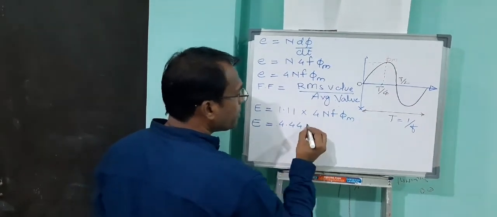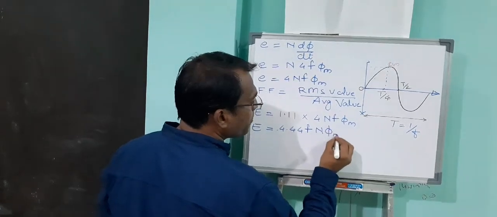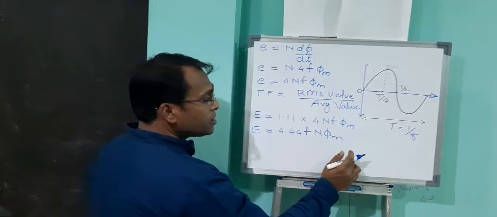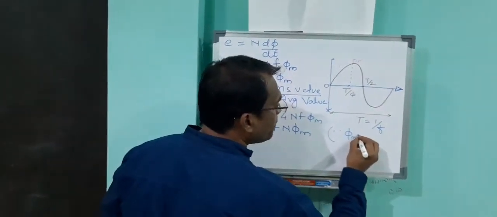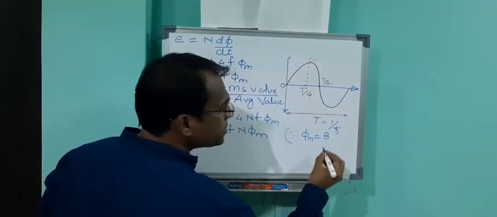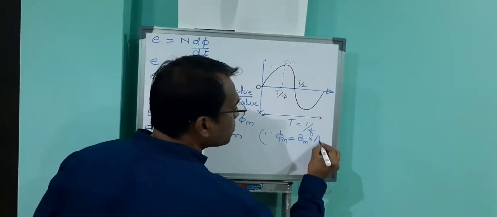4.44 f n phi m. So this will be your EMF induced. Since your phi m will depend upon magnetic flux density, so maximum flux density into area.